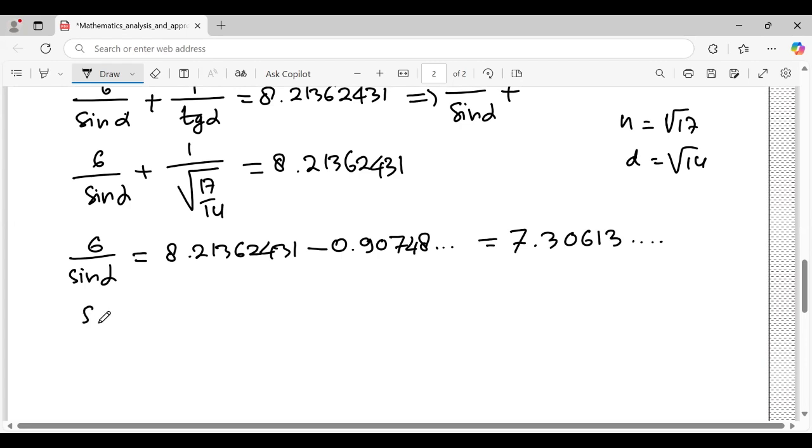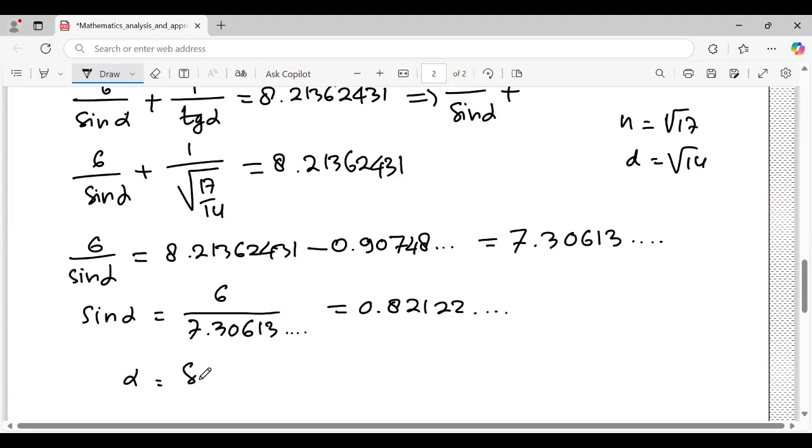So sine alpha equals 6 divided by this number, 7.30613, and the result is 0.82122 and so on. So alpha equals arc sine, or sine to the power minus 1, of this number.